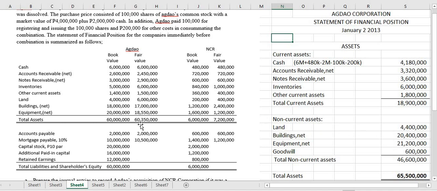Our equipment, we have 20 million for Agdao, then 1.2 million for NCR, that's 21,200,000. Then of course, the goodwill will be presented as an asset. That's 600,000. So the total non-current assets is 46,600,000 plus the total current assets of 18.9 million. So you have your total assets of 65.5 million.